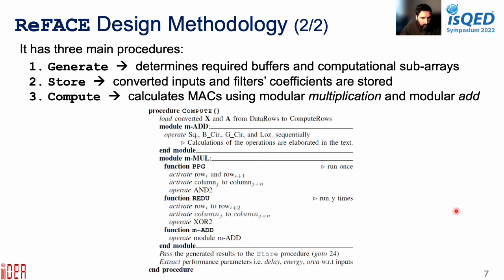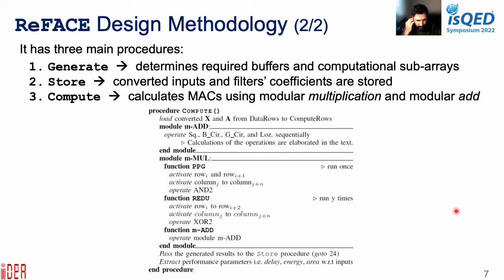And to take full advantage of RNS, X and A, the input signal and also the filter coefficients, should be efficiently mapped into the computational subarray.